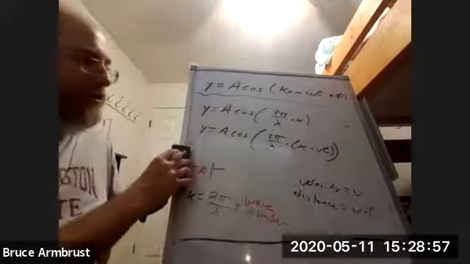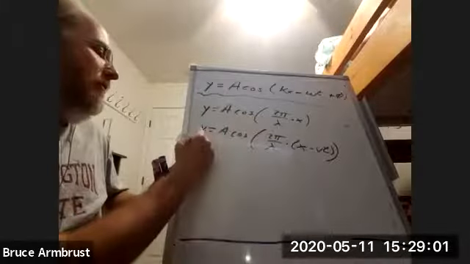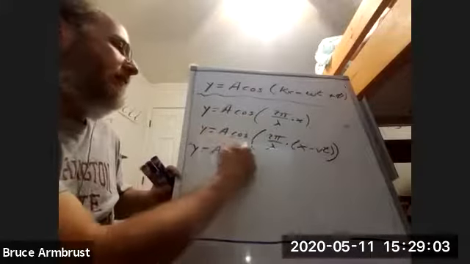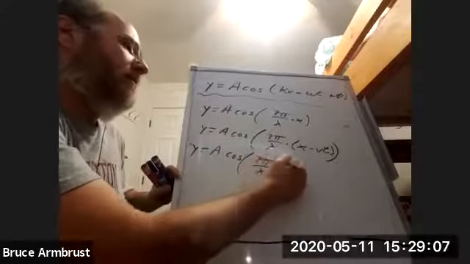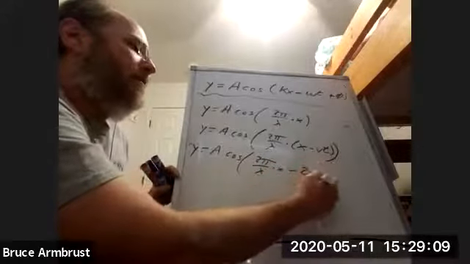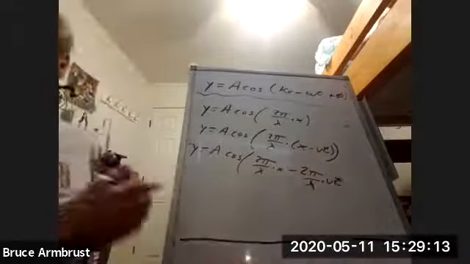All right, so we can distribute that. Take that 2 pi over lambda and distribute it through. So we get a times the cosine of 2 pi over lambda times x minus 2 pi over lambda times vt.